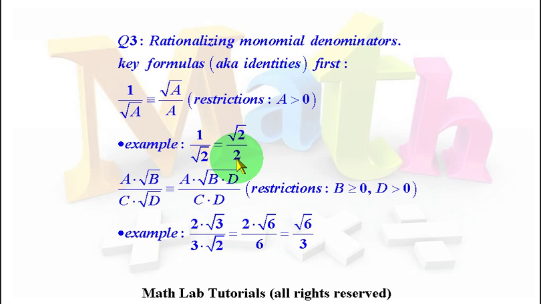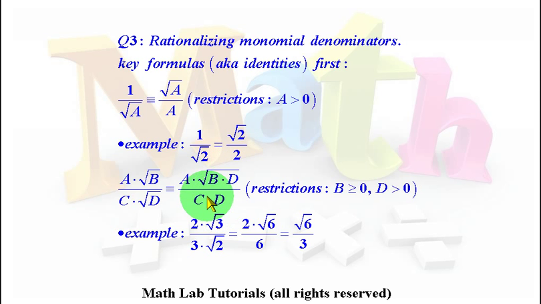Essentially, all you're doing is grabbing that radical, putting it on top, erasing the radical, and putting the argument on the bottom. So 1 over root 2 is identically equal to root 2 over 2, just like 1 over root 3 is identically equal to root 3 over 3, and so on.